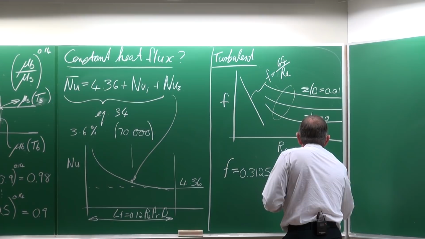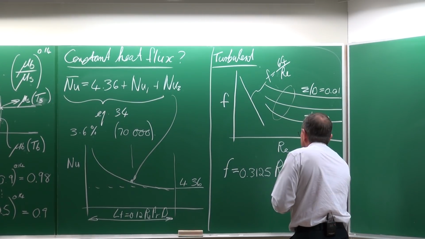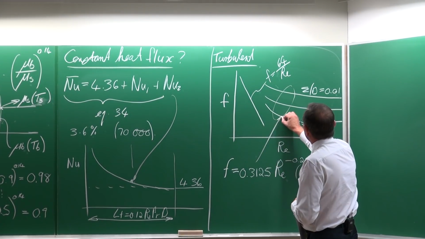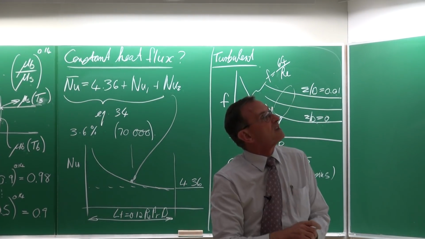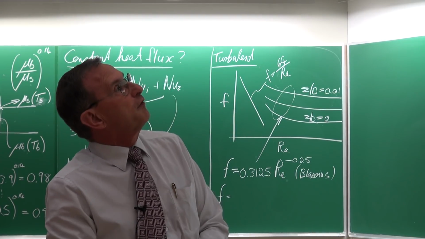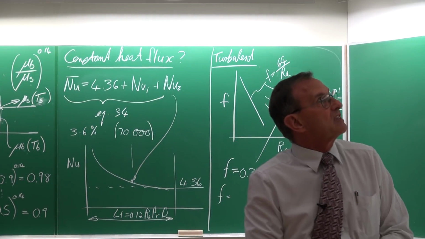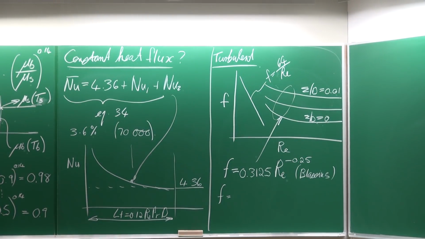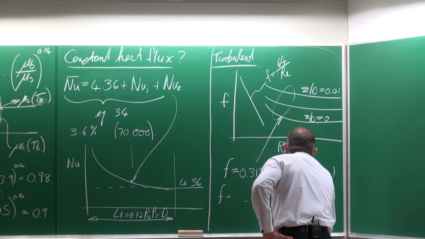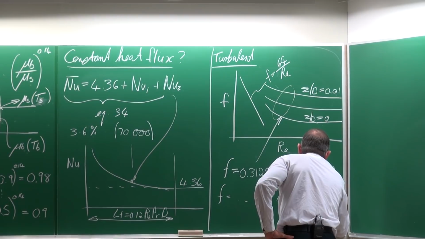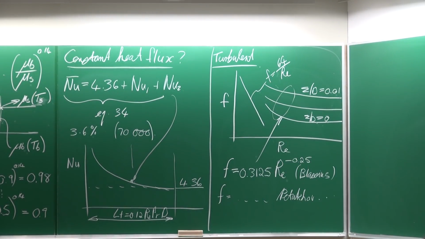So that is Blasius. Okay, take note, this is now for turbulent flow, and then also the Petukhov equation, which works with the ln of the Reynolds number, which is the other equation, which is a little bit more accurate, that is also available that you can use. So that's the friction factor of Petukhov.